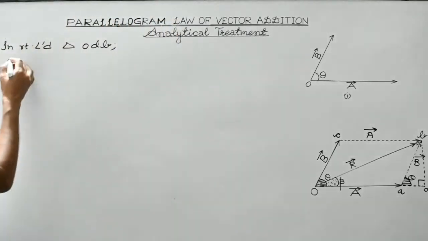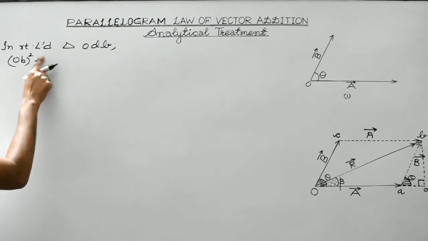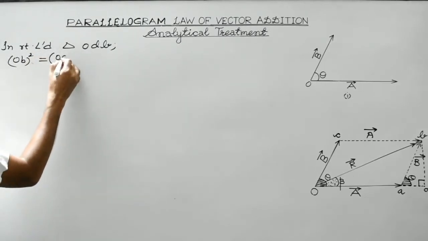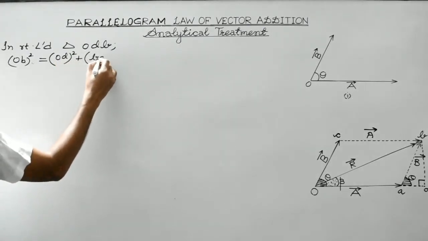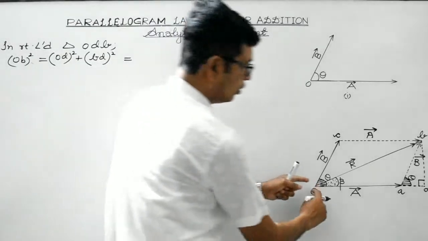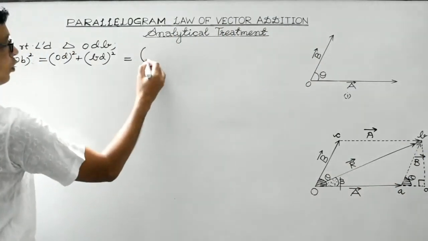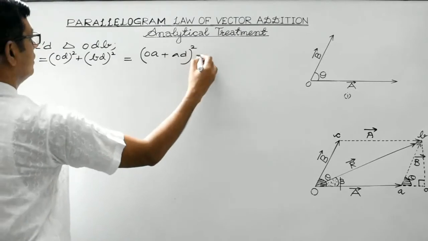So OB square is equal to base square OD square plus perpendicular square, that is BD square. OD may be further written as OA plus AD, isn't it?